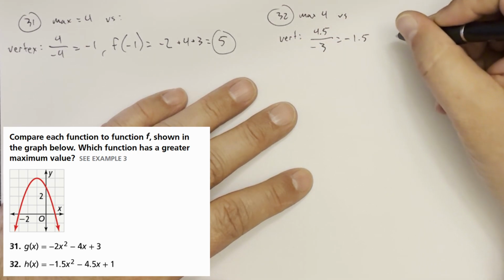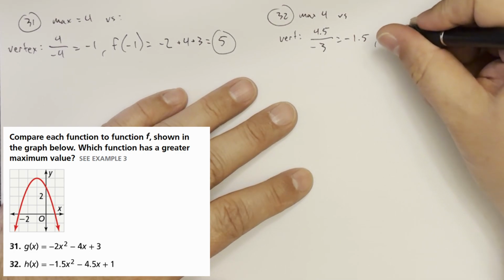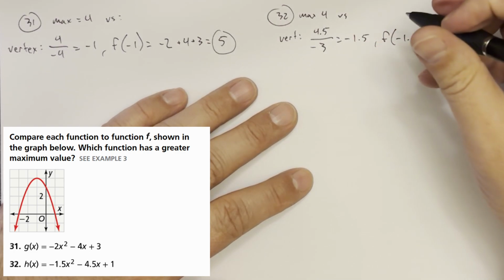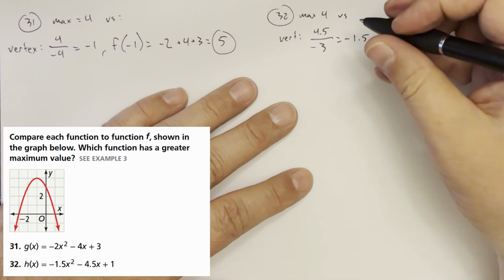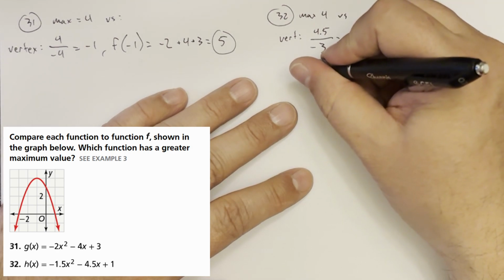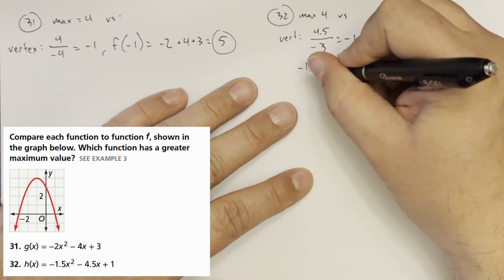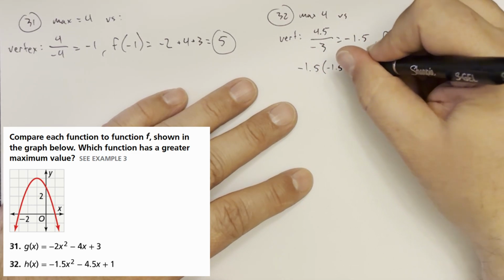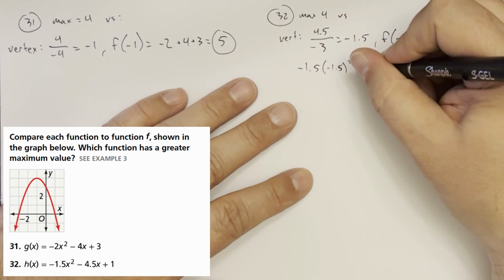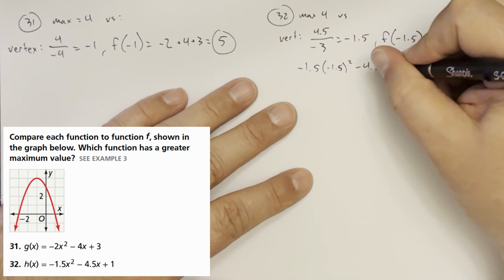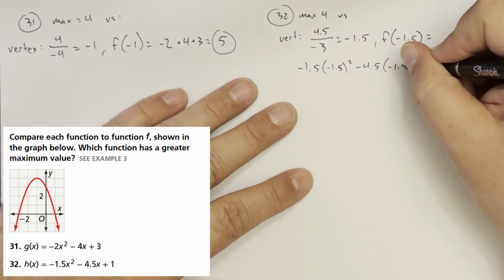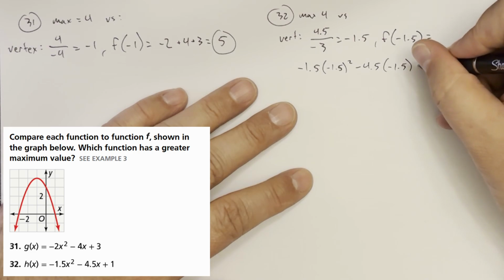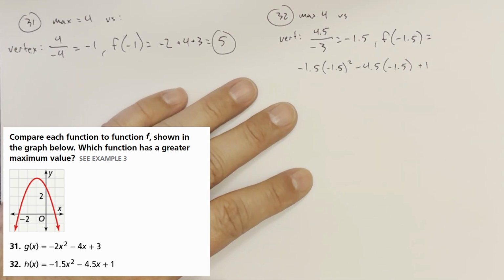And then to find, I wrote f, it's actually the h of negative 1.5, not that anyone is going to care. So we get negative 1.5 times negative 1.5 squared minus 4.5 times negative 1.5, and then plus 1. And again, you might want to use a calculator here.